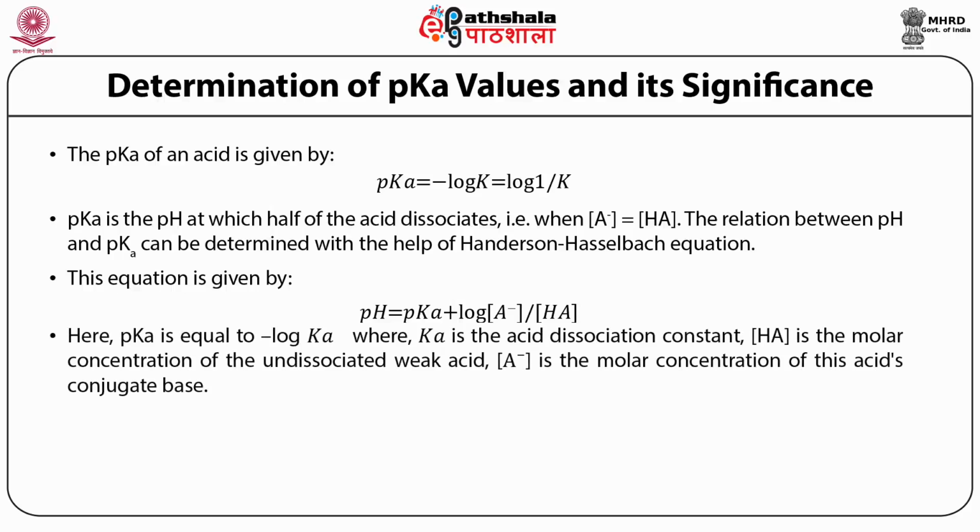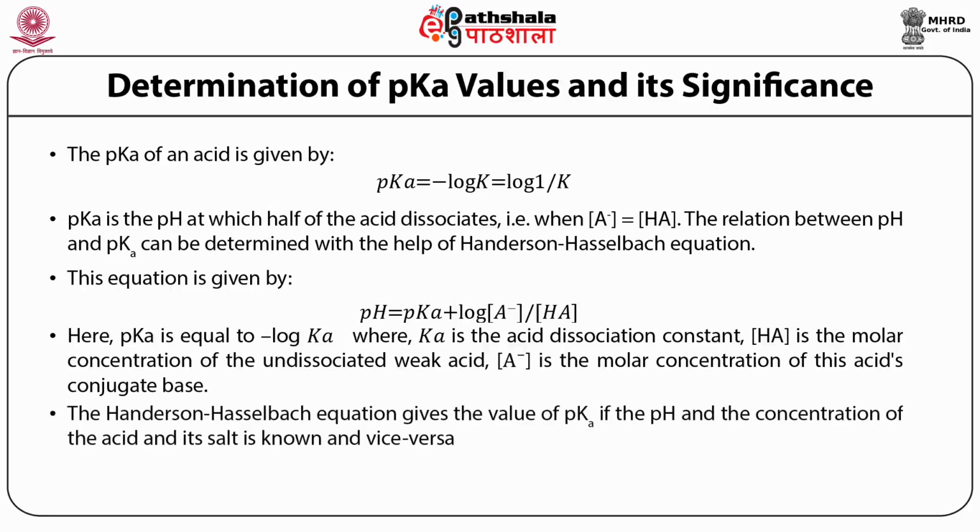Here pKa equals minus log Ka, where Ka is the acid dissociation constant, HA is the molar concentration of the undissociated weak acid, and A- is the molar concentration of its conjugate base. The Henderson-Hasselbalch equation gives the value of pKa if the pH and the concentrations of acid and conjugate base are known, and vice versa.